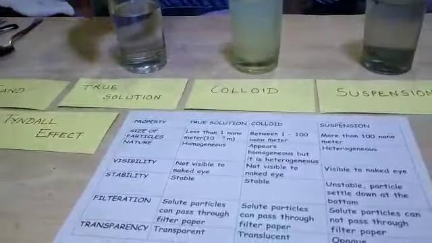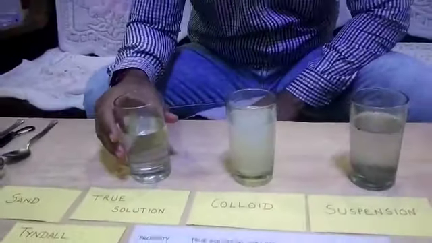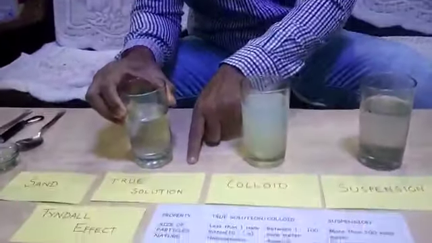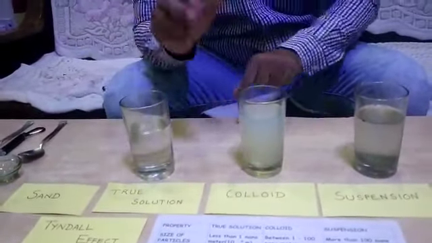Now we are going to study another property, that is filtration. When we filter the true solution through a filter paper, the solute particles can pass through the filter paper. So there will be no residue left behind in a true solution. The same thing will happen for the colloid.